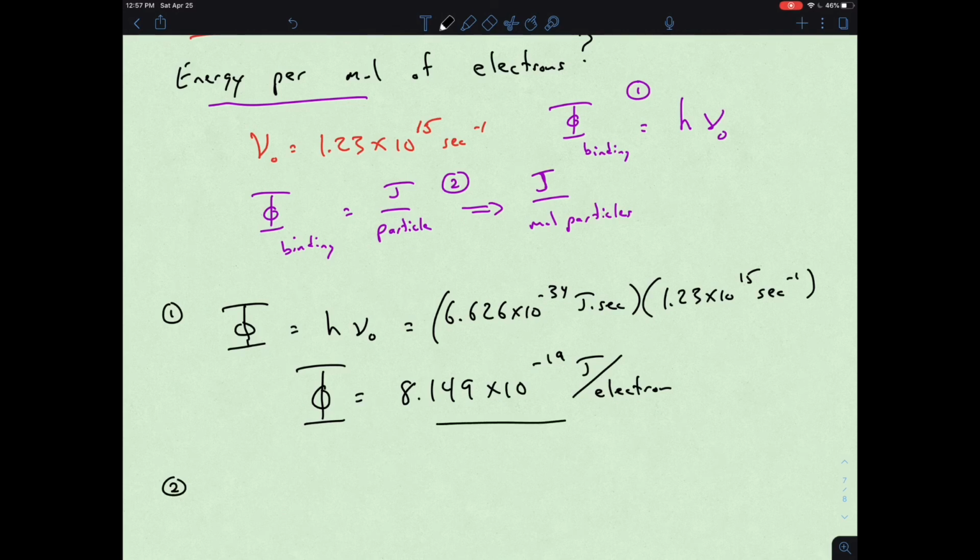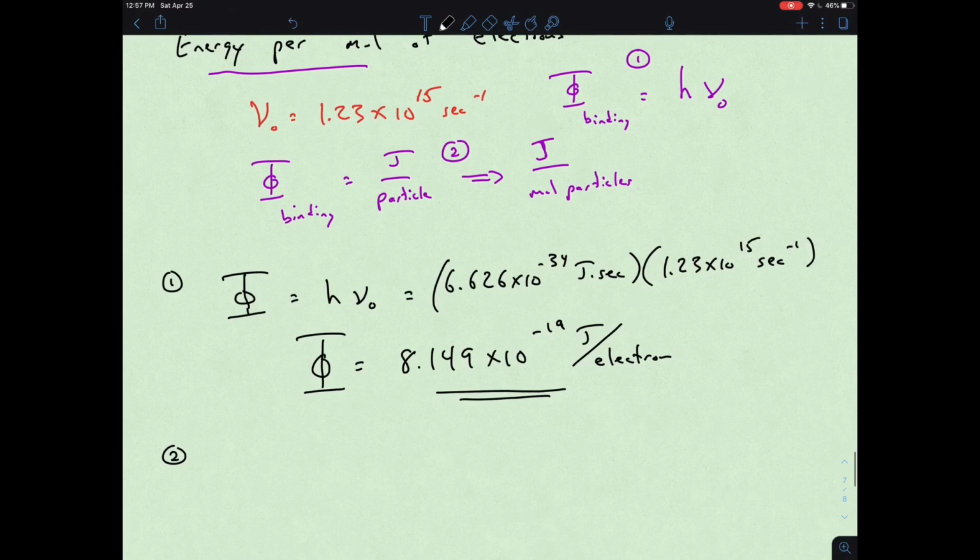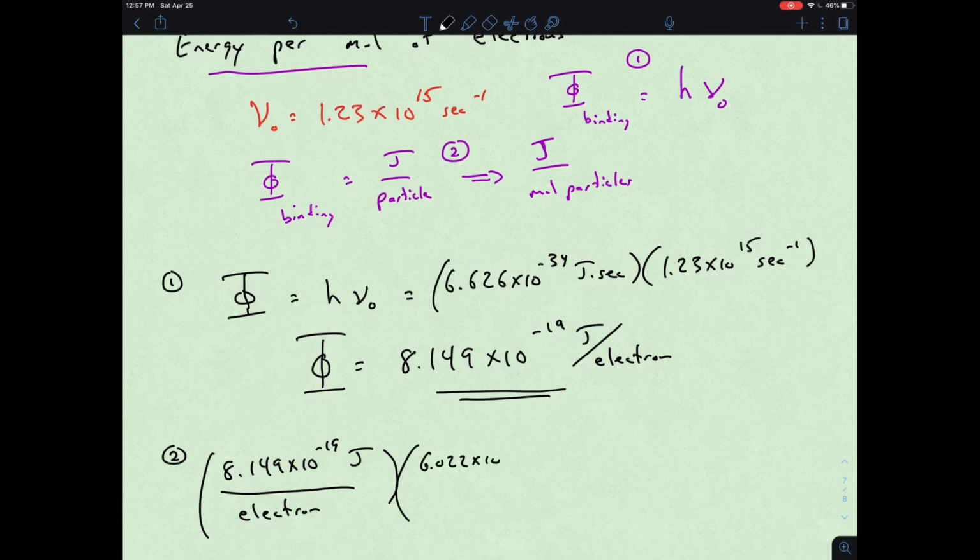By taking that value that we just calculated in the first part, now breaking out the units so we can use dimensional analysis to convert from the per electron to this idea of moles of electrons.